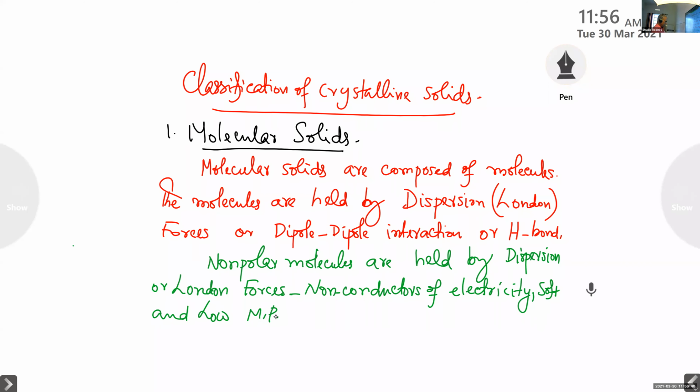Let us take some examples for this. The noble gases like argon, then hydrogen, then chlorine, iodine, etc. They are composed of molecules.